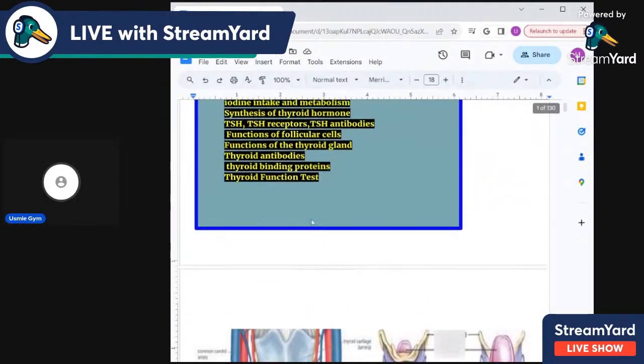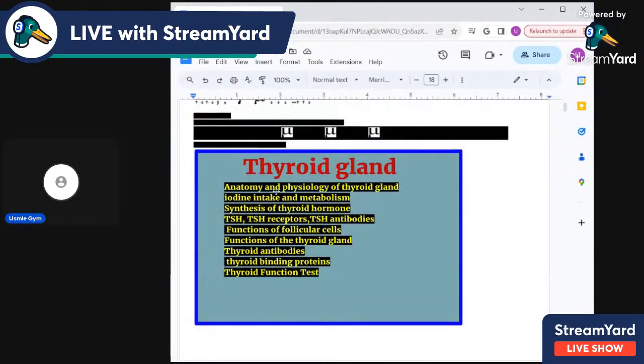What we're going to discuss today is the anatomy and physiology and the clinical aspects, iodine metabolism and iodine intake, synthesis of thyroid hormone, TSH (thyroid stimulating hormone), TSH receptors and TSH antibodies, the functions of the follicular cells and the thyroid gland, and thyroid antibodies. We'll discuss thyroid binding proteins and thyroid function tests.